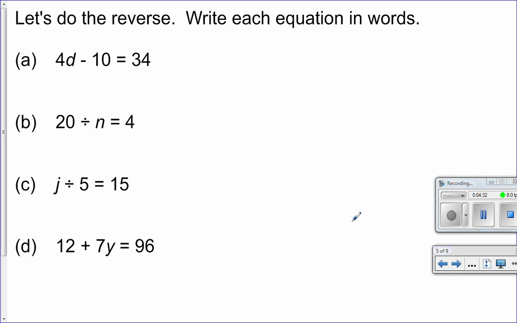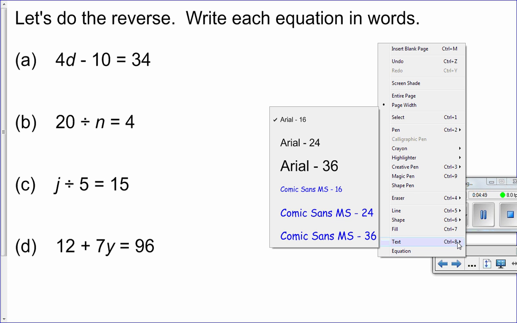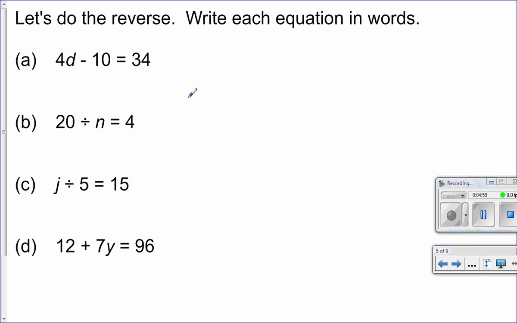Okay, now we can do the reverse. We can write each equation in words. I'll do the first two, and then you're going to try the second two at home. So we could say, 4n equals 34.